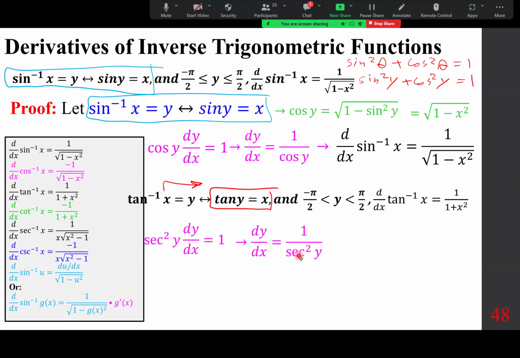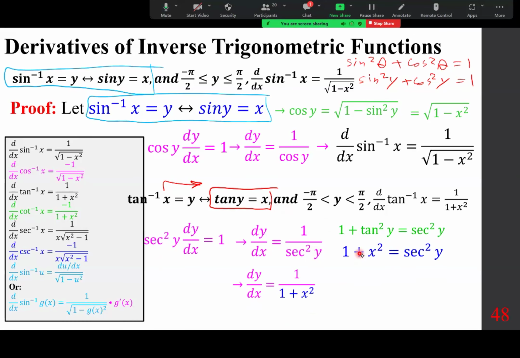Now, we want to replace that, and we remember there are other trigonometric properties and another Pythagorean identity. 1 plus tan squared is secant squared. So therefore, secant squared is 1 plus x squared. So we're going to replace this now with 1 plus x squared.